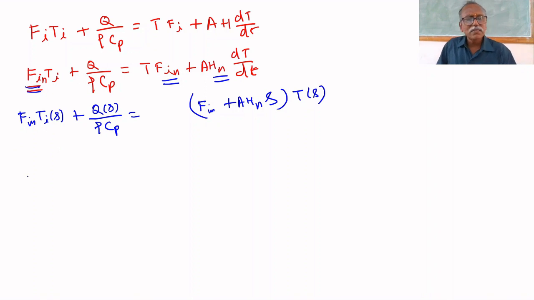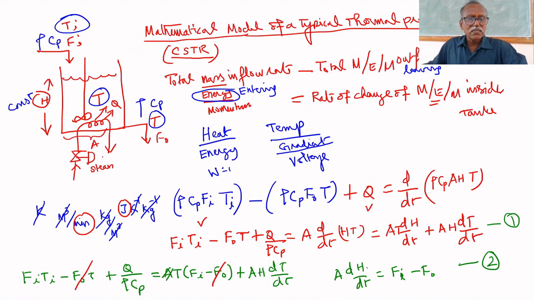Let us assume that inlet temperature is constant. We are going to manipulate Q of s. Q of s is the manipulated variable, which means manipulating the steam flow rate.